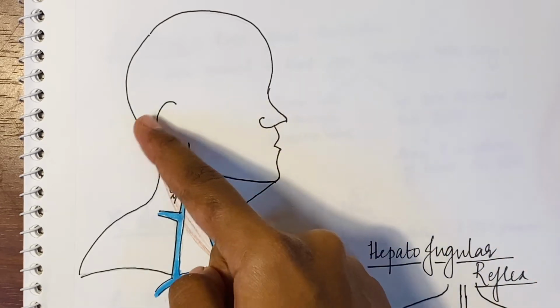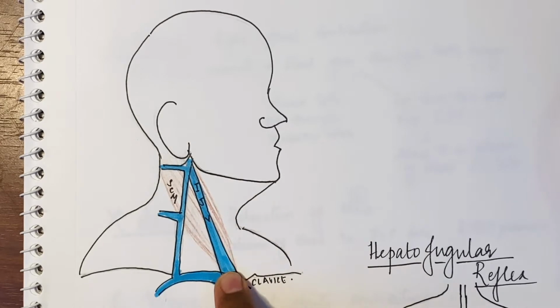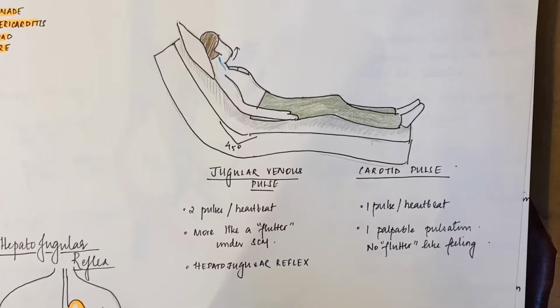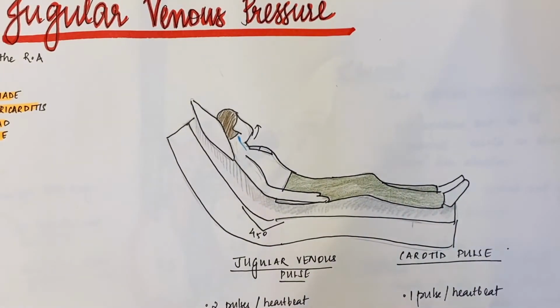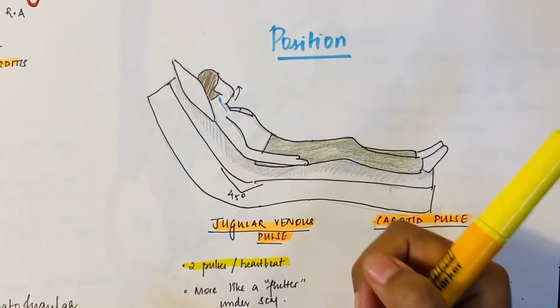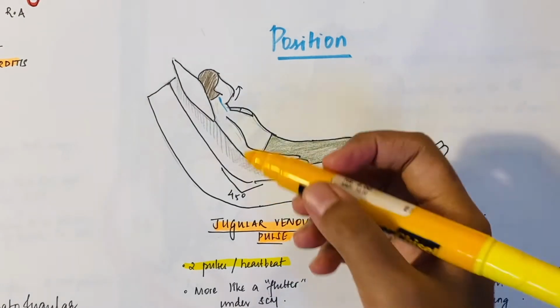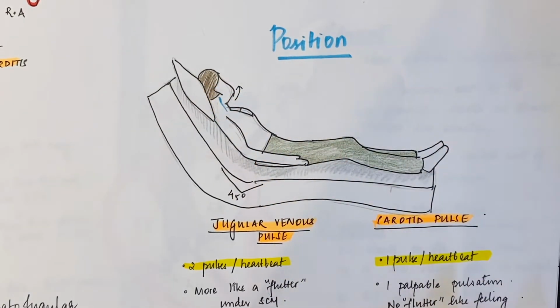It's present between the earlobe and the medial clavicle, underneath the sternocleidomastoid. To check JVP ideally, we seat the person reclined at an angle of 45 degrees and turn the head slightly to the left. If the lighting is not good, you can shine a light diagonally across the patient's neck for better visualization of the pulse.